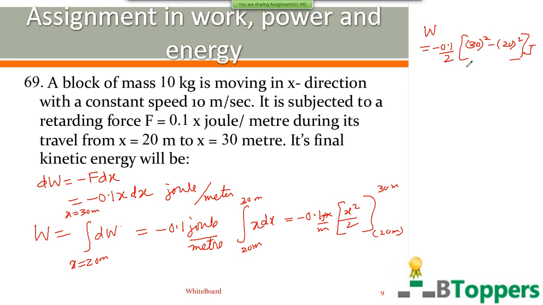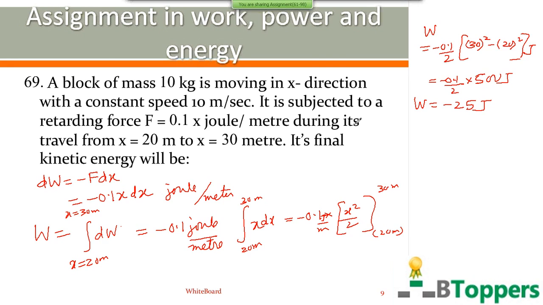So find the value of function for upper limit minus value of function for lower limit. So the work done with the retarding force you get minus 25 joules.